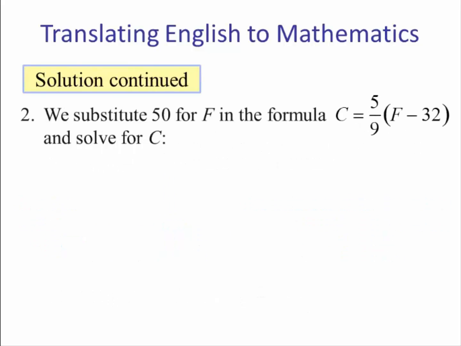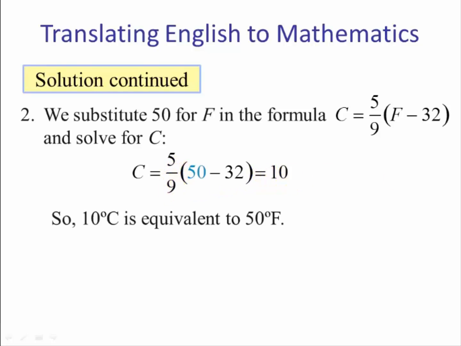Number 2, we substitute 50 for F into our formula and solve for C. We do parentheses first, so this is 18. 18 times 5/9 is 10. So 10 degrees Celsius is equivalent to 50 degrees Fahrenheit.